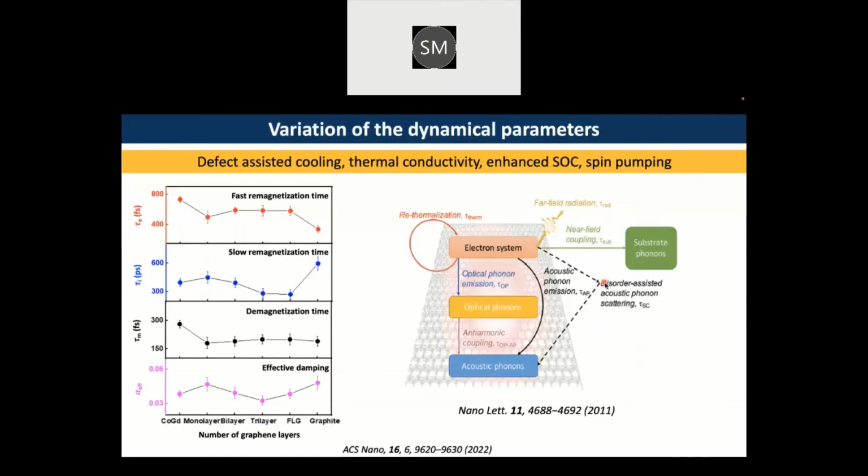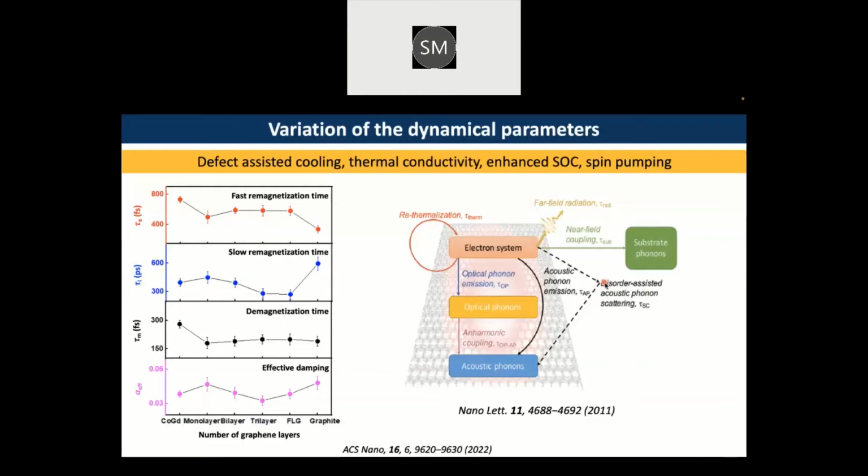It reduces the carrier mobility, and it enhances the number of scattering centers. As we have already got some confirmation from the Raman spectra that structural defects are present, there can also be atomic defects which can change the structure of the Fermi level. So all those things should be taken into account.